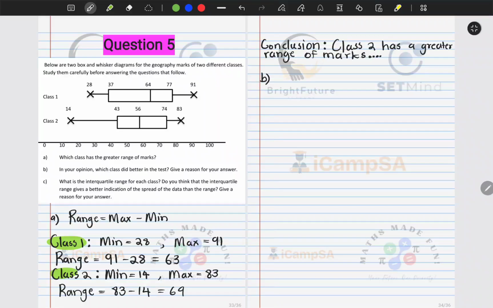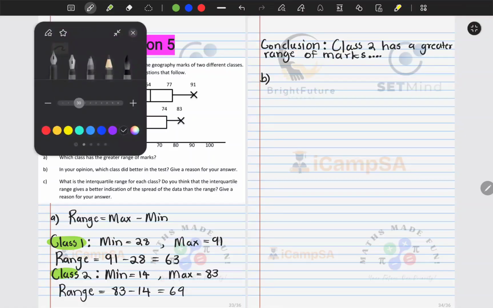So in your opinion, which class did better in the test? And we should give a reason for the answer. Okay. So if you observe carefully, remember what skewness means. If you look at the median, that talks to the middle number.